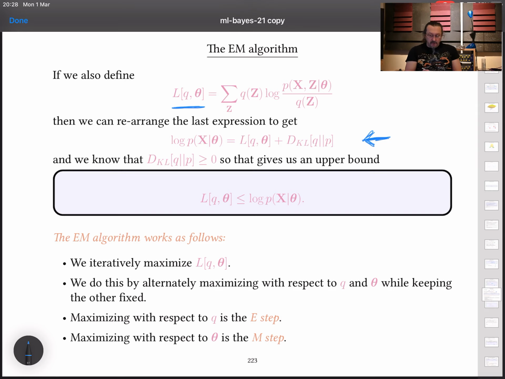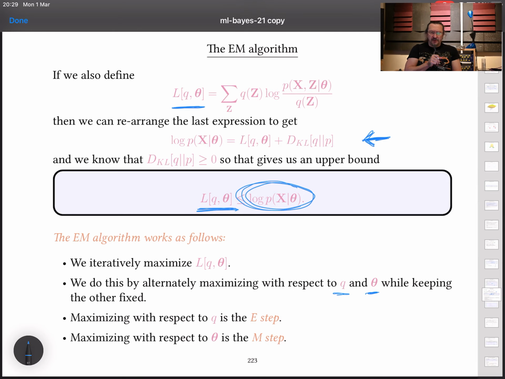Let me say that again. We want to maximize this guy. We now have a bound that shows us that by pushing up the value of L of Q and theta, we can push up the value of the log likelihood. So the strategy will be to iteratively maximize it with respect to Q and to theta, each time keeping the other one fixed. We'll start with Q sub 1, theta sub 1.